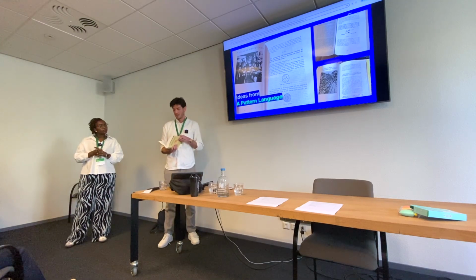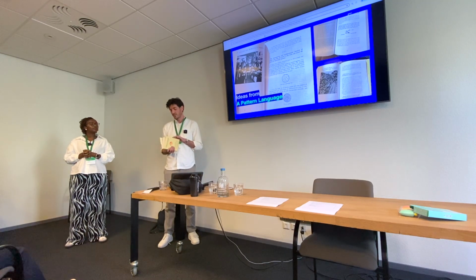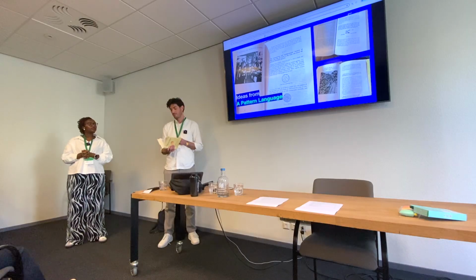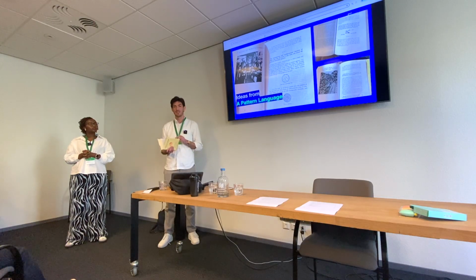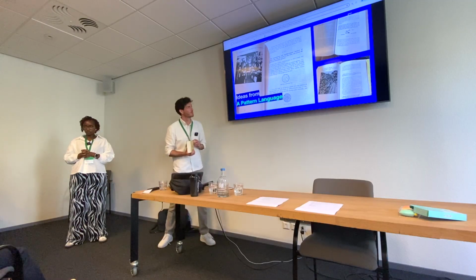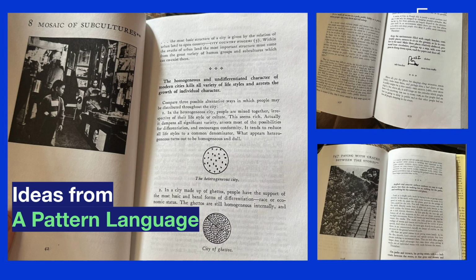And this book really just has them ordered from big to small, so high level to kind of the minutiae really. And what I'm showing here on the screen is a pattern might be, how do you create a village or a town with a mosaic of subcultures? So it talks about what does that actually mean, but they're very short.